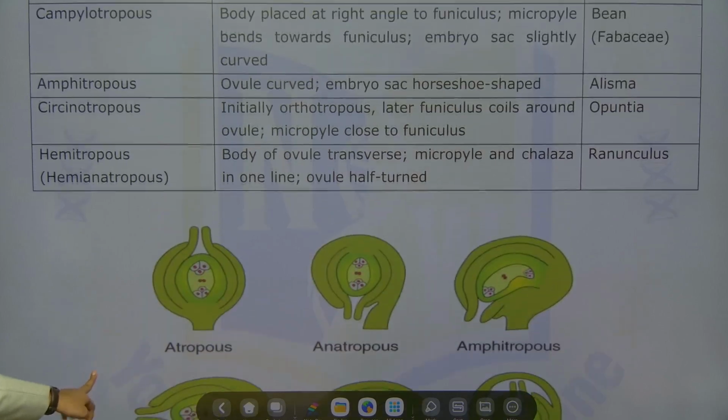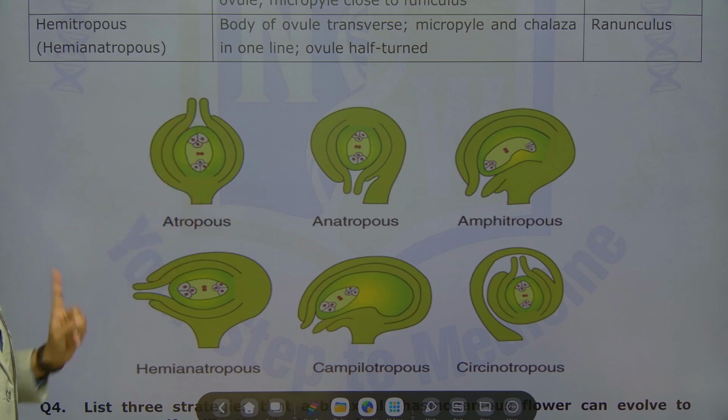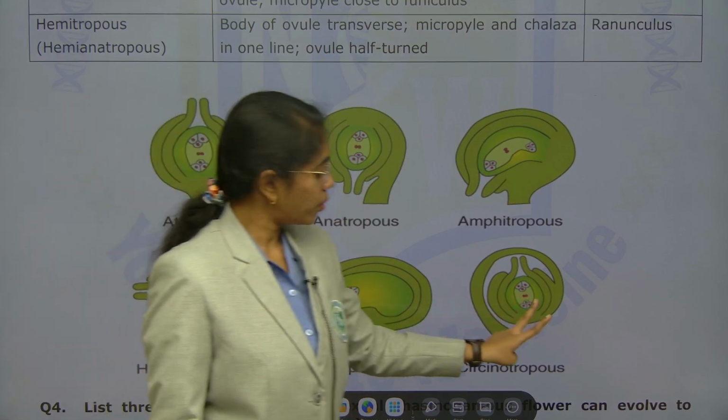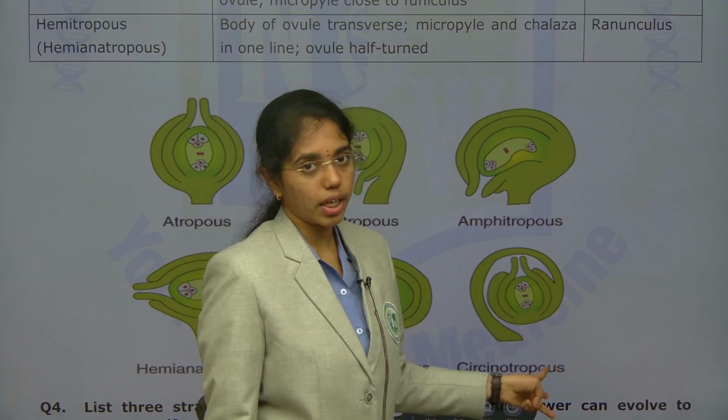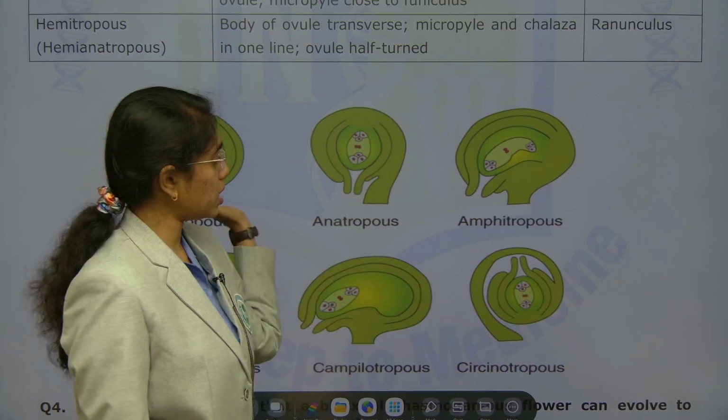The example is ranunculus. So first I recommend you draw the diagrams. I can give you one trick. First take atropous, then inverted ovule, that is anatropous, and directly take circinotropous, which is 360 degrees rotated. These three you draw first.